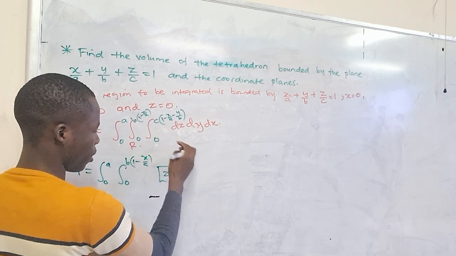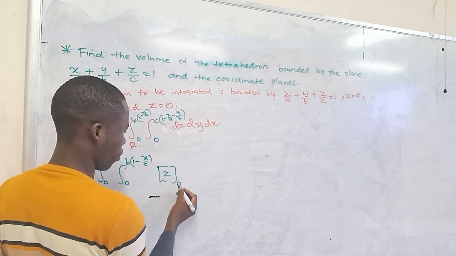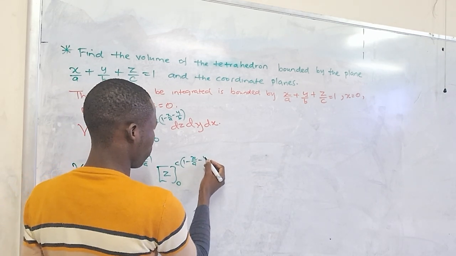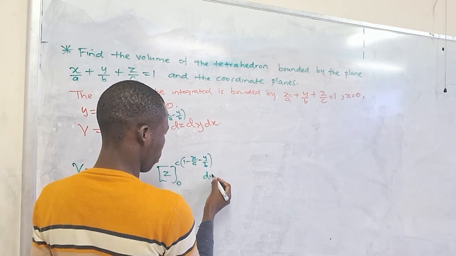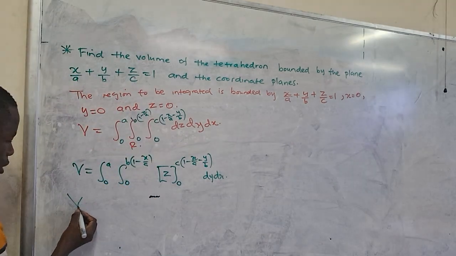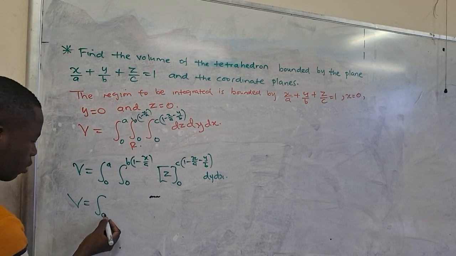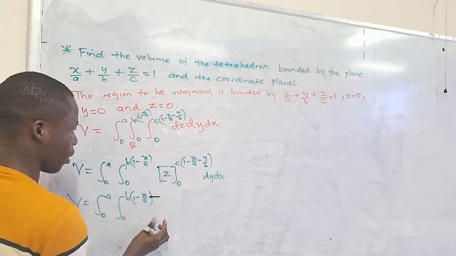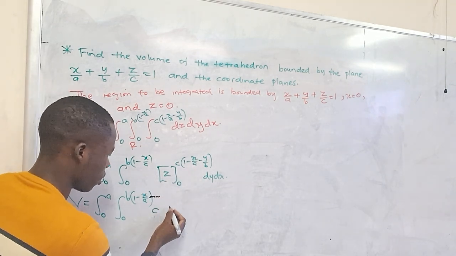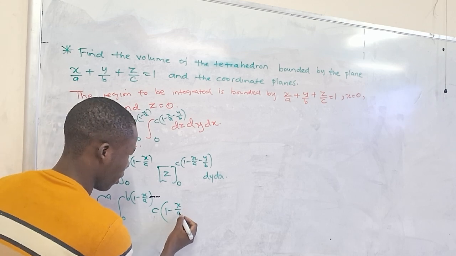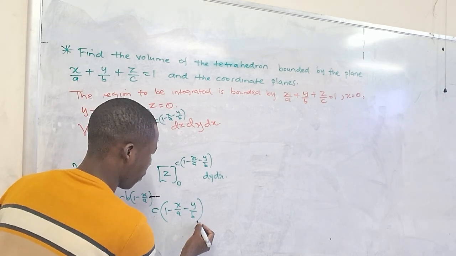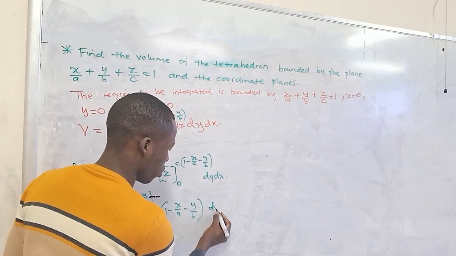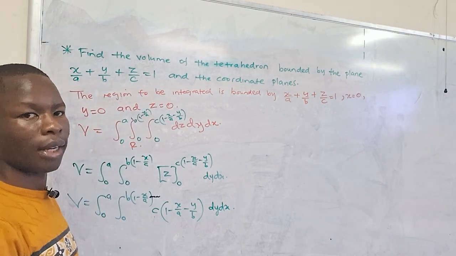If you integrate 1 with respect to z, it is z from 0 up to c into 1 minus x by a minus y by b, dy dx. Subtracting 0, dy dx.